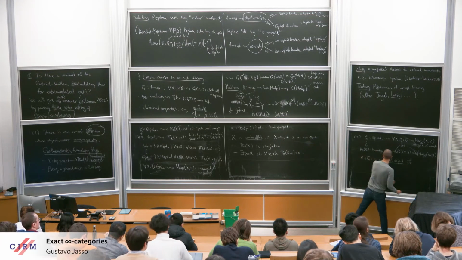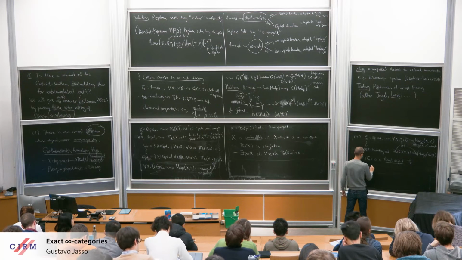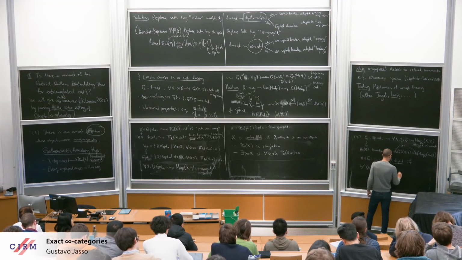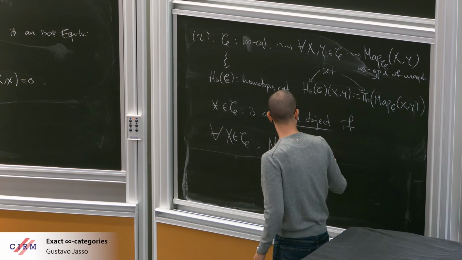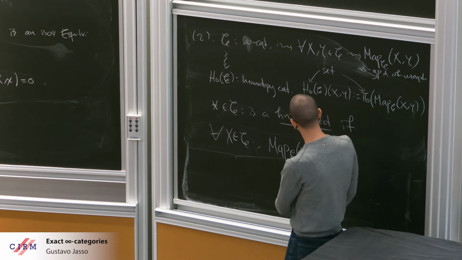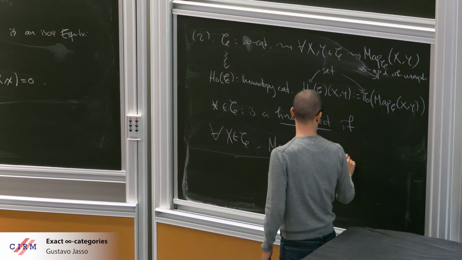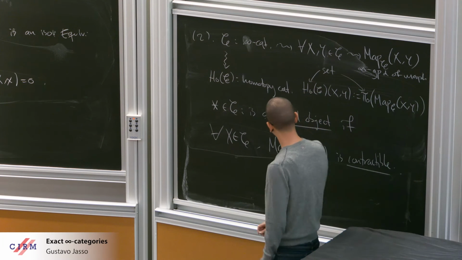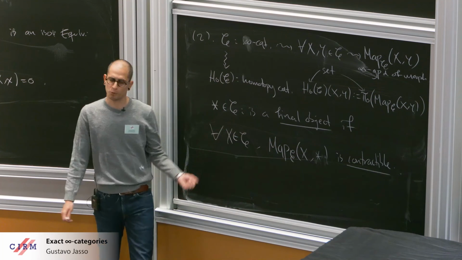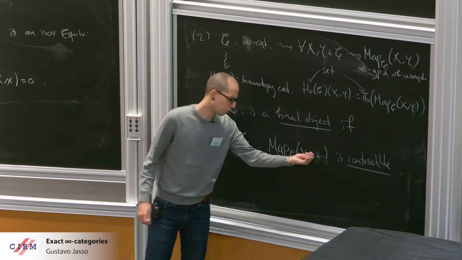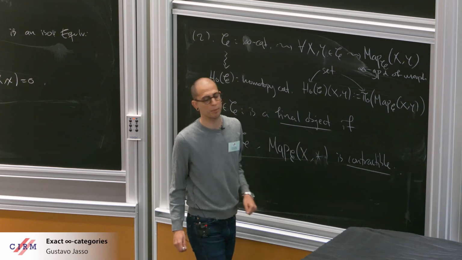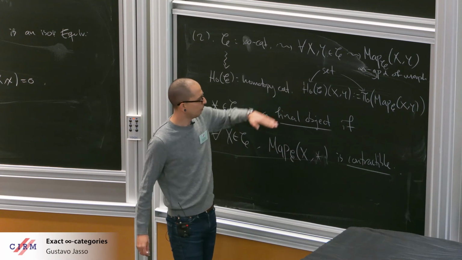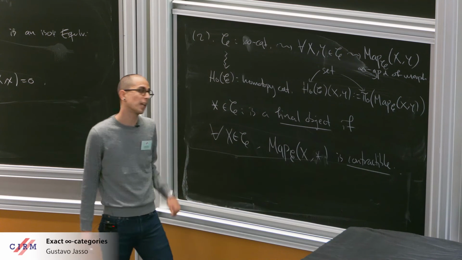So an object is final if for every object of C, the corresponding space of maps, or infinity groupoid of maps, sorry, from X to this object is contractible. So it is non-empty because it contains essentially one point, but this point is essentially unique. This should be thought of as the existence of exactly one map from X to this point in category theory. And by this construction, final objects give rise to final objects in the homotopy category.